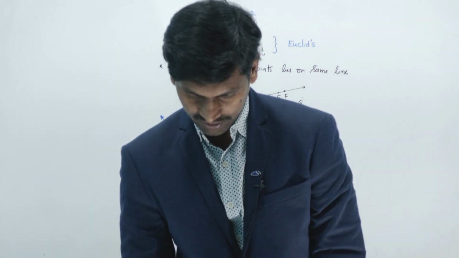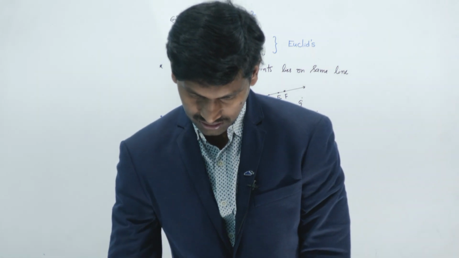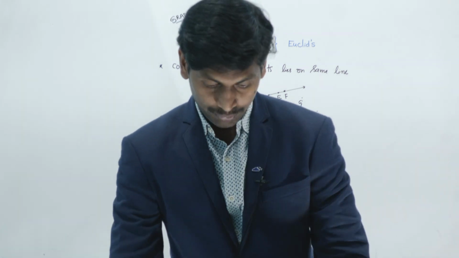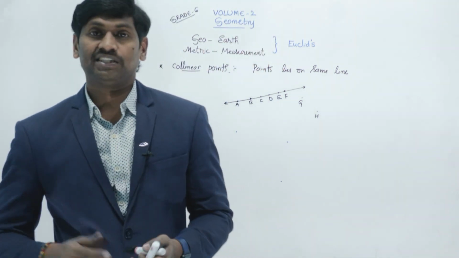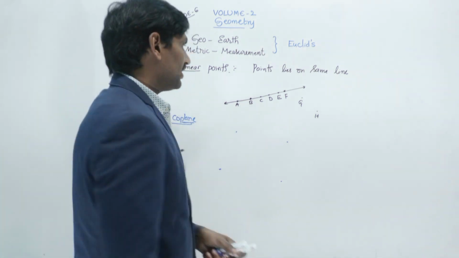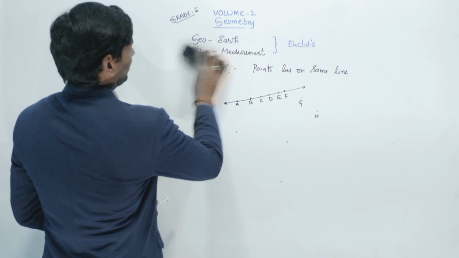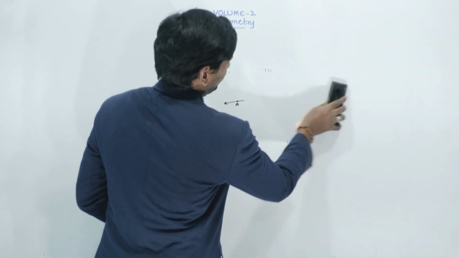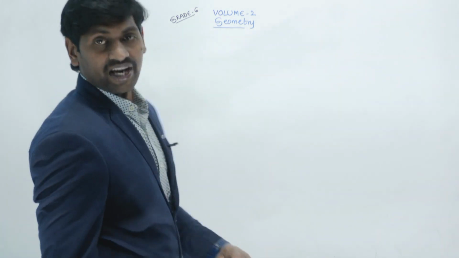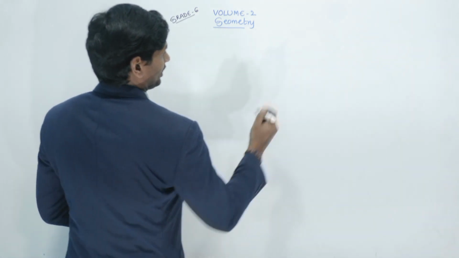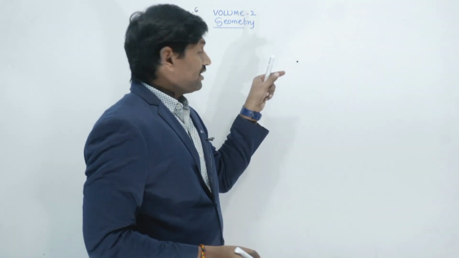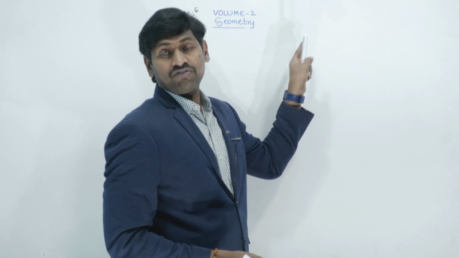Line and plane we discussed already. Let us go to the concept based questions, nothing but practice sheet problems. Before that, let me discuss a point. If you take a point on a plane surface, or any flat surface, how many lines can you draw through this point?